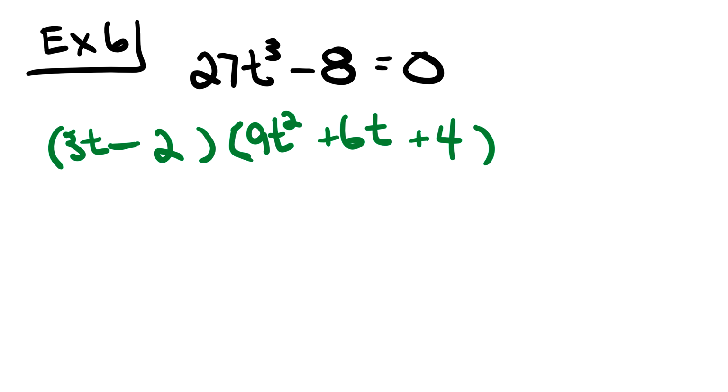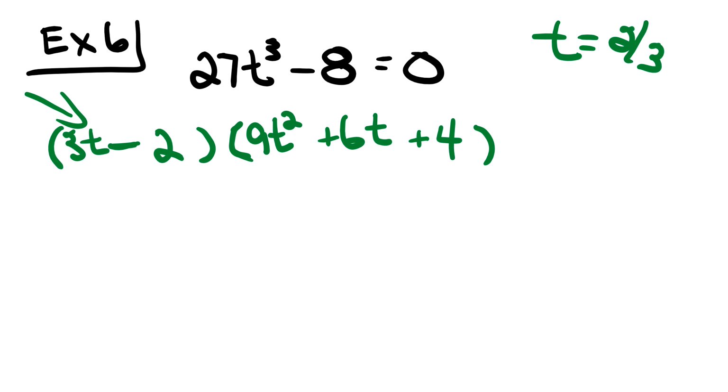And this is my factorization for this binomial times the trinomial. All right, and in lessons past, I said we usually can't factor that trinomial, but now we can, because of our advent of the imaginary number system. All right, so this first part is one of my answers. That's where that's going to come from. So I know ahead of time that t is going to equal, was that 2/3?